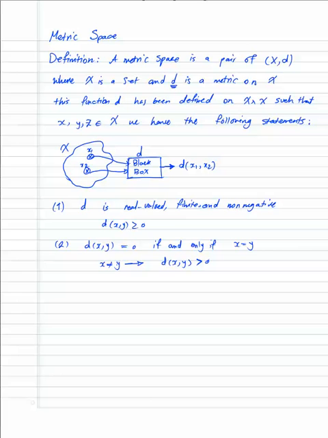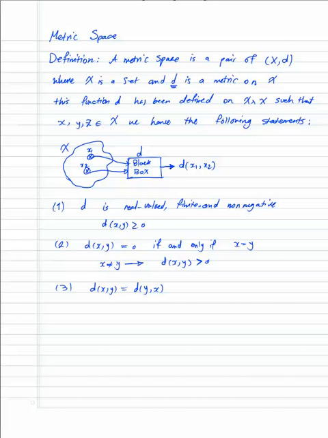For two distinct elements which are not equal to each other, the distance should be strictly positive. The third criterion is d(x,y) equals d(y,x).